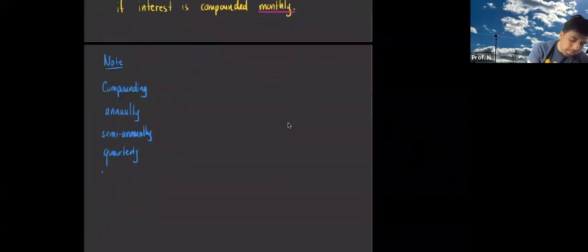If you do it monthly, that's going to be 12. If you do it weekly, that's 52. And if you do it daily, it's 365. So what I'm talking about is the n value. The n value is going to change.